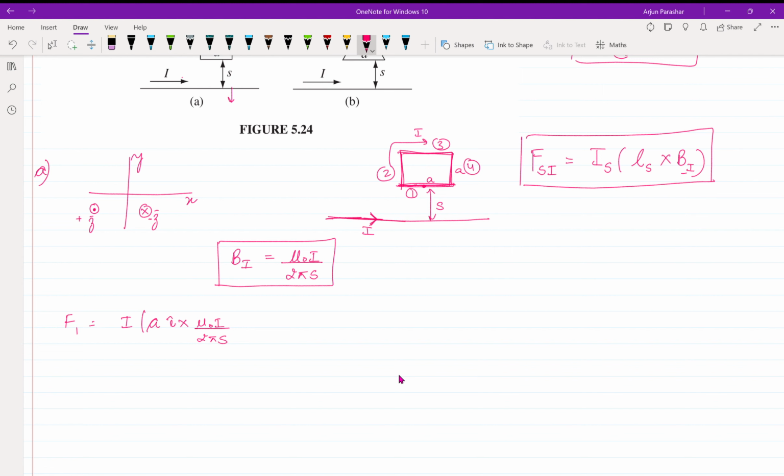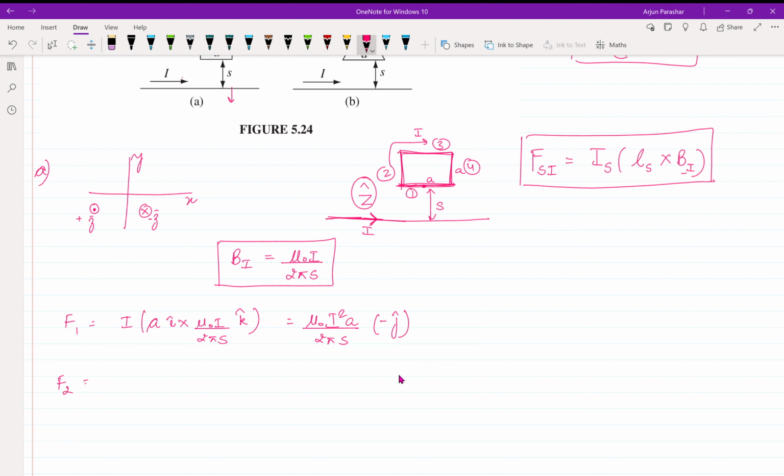As soon as you curl the fingers, you'll see that the magnetic field is in the z cap direction, or you can say k cap direction. So we got the force as mu naught I square a upon 2 pi s, and the direction of the force is minus i cross k, which is minus j.